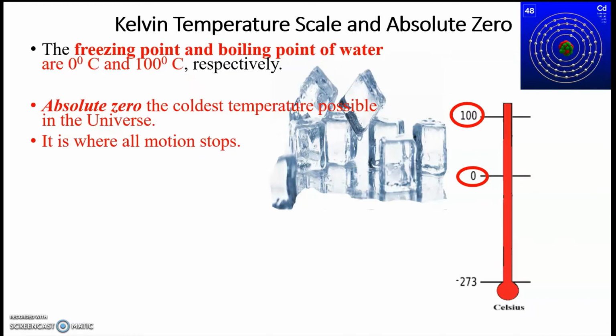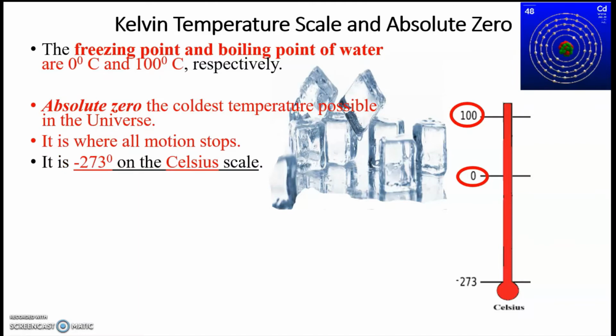It's where all motion stops. And at that point, you can't get any colder. You'll notice up in the upper right-hand corner, our atom has stopped. Because you can't get any colder than that, because you can't go any slower than stopped. And so therefore, that's the bottom level of heat.